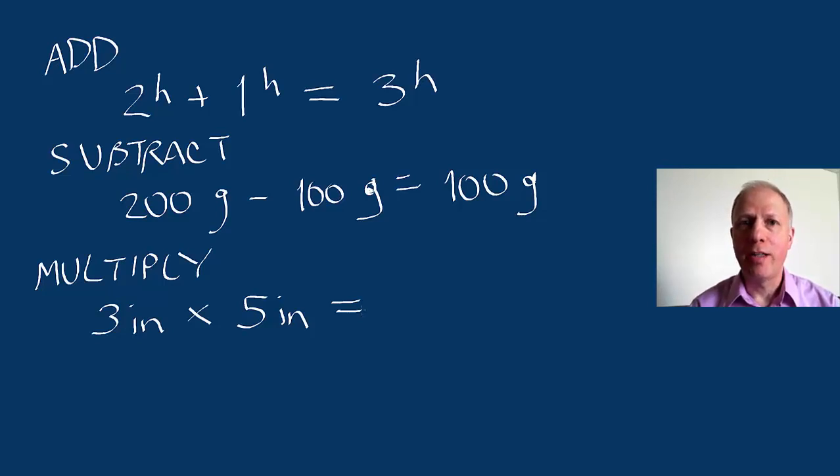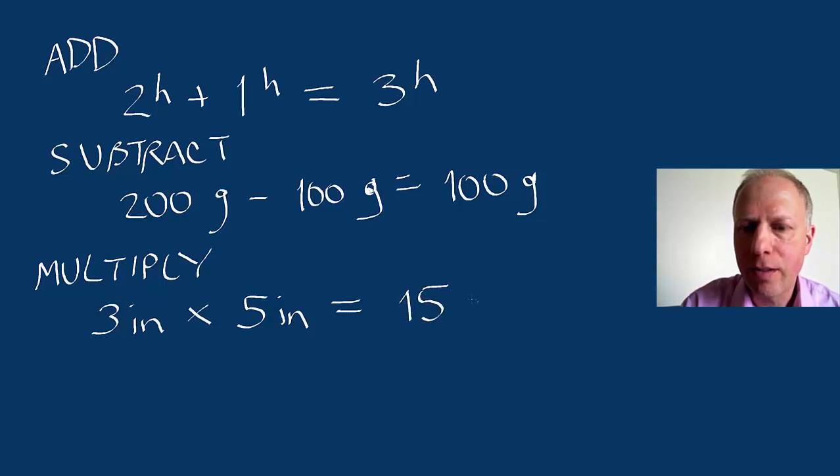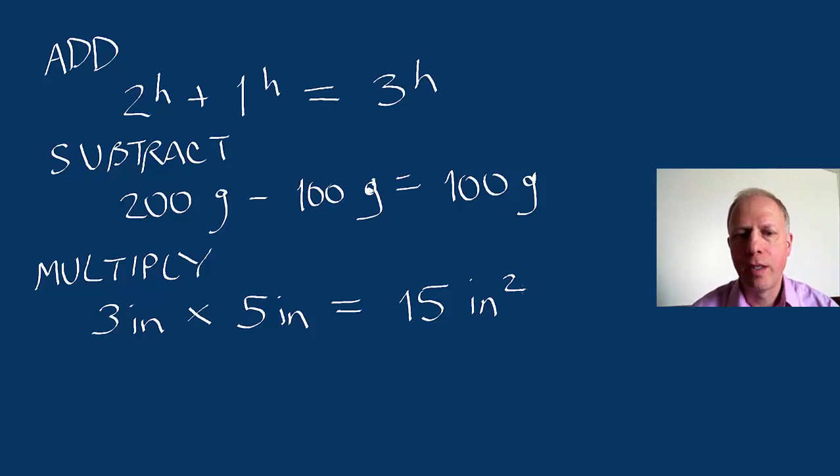That would be a way to find the surface area of your index card. Multiply the width times the length. The unit of the result is inches squared. You have to multiply the units. This is an area.